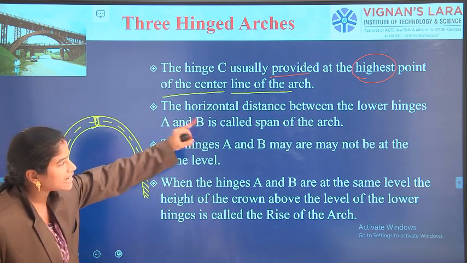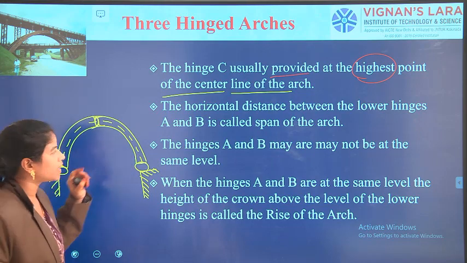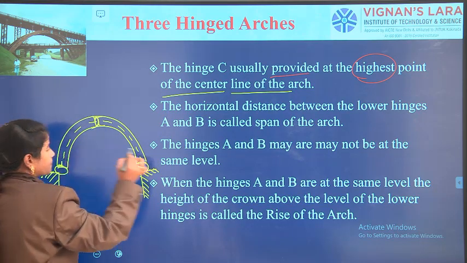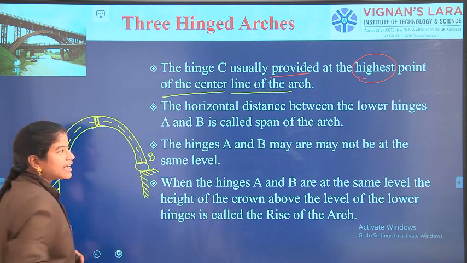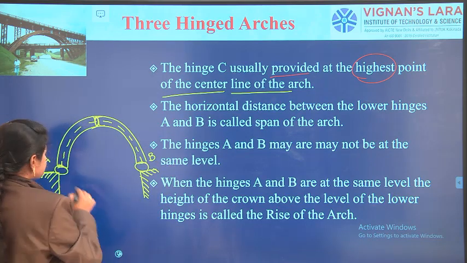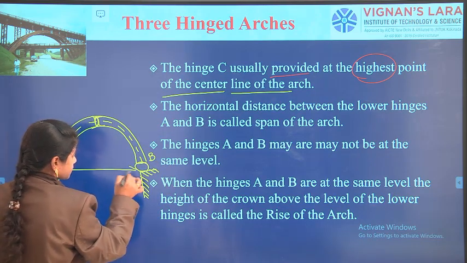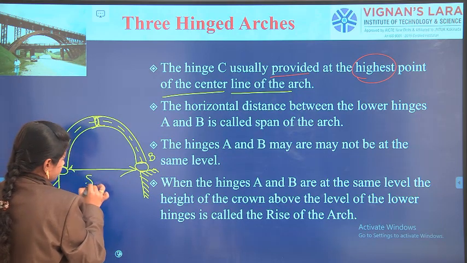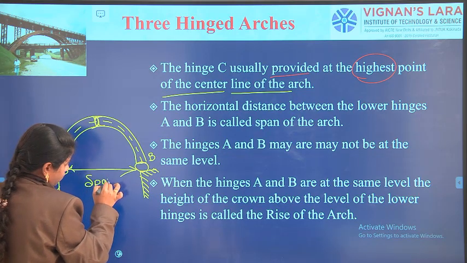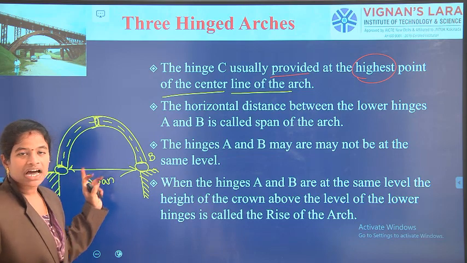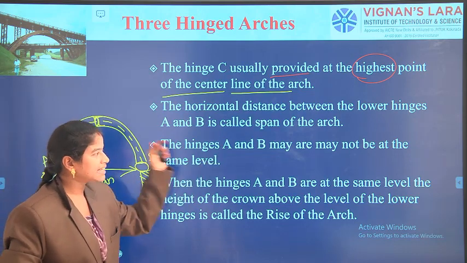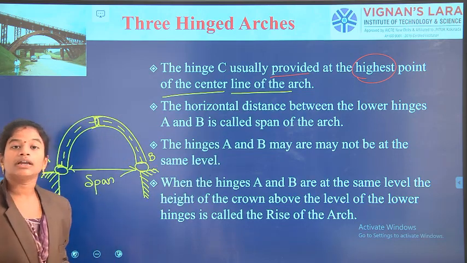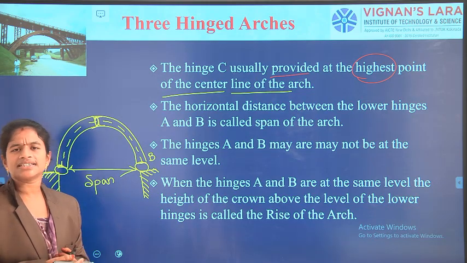The horizontal distance between the two lower hinges A and B is called the span of the arch. And the hinges A and B may or may not be at the same level.